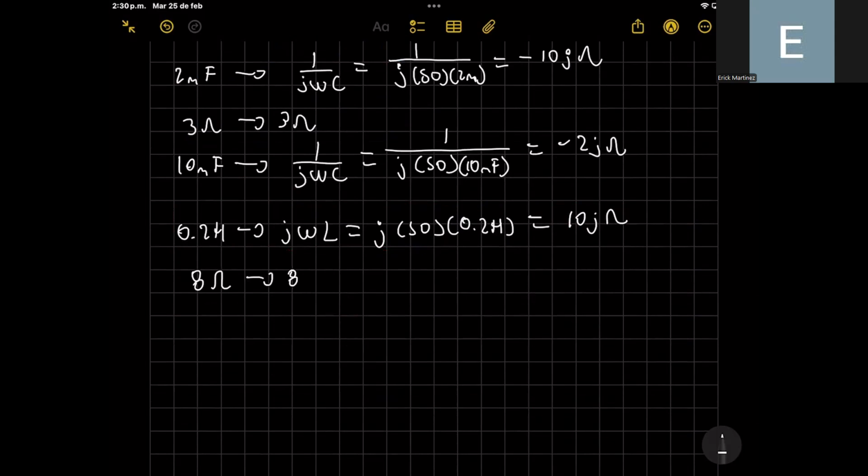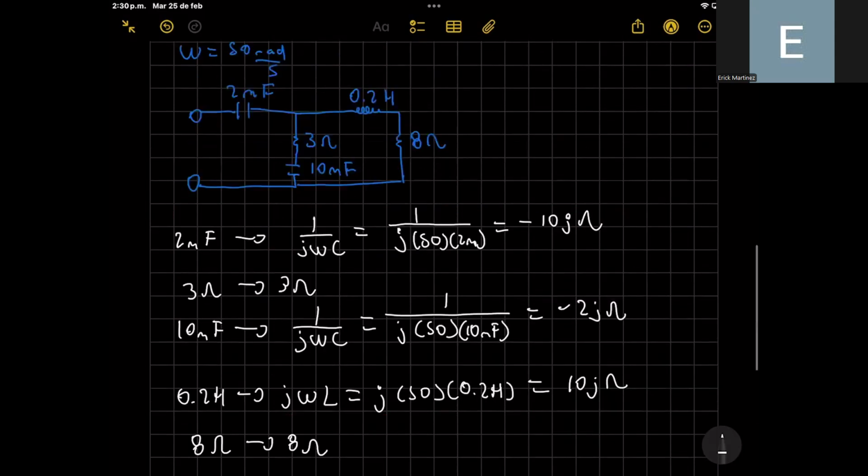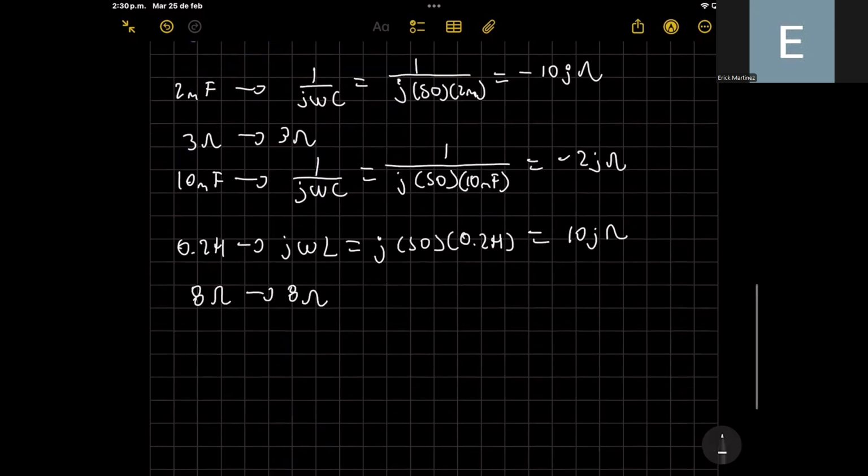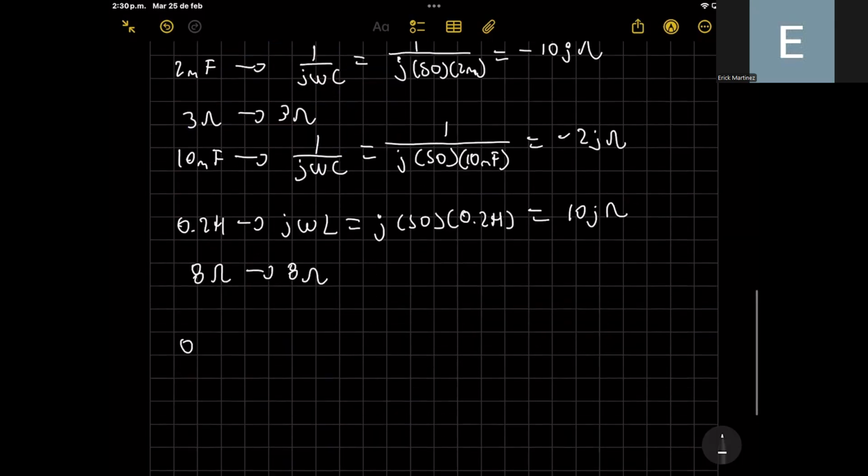And now I need to rewrite or redraw the circuit by considering the impedances. Okay, so to do that, we know here that we have the capacitor of 2 millifarads that is equal to minus 10 times J ohms. And here we have the resistor of 3 ohms.